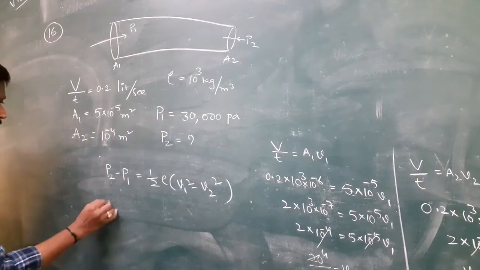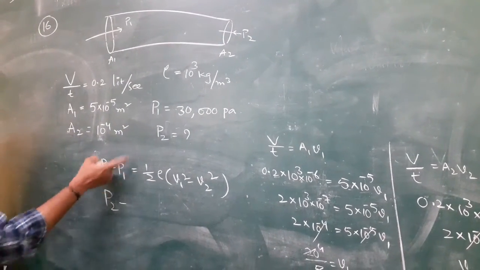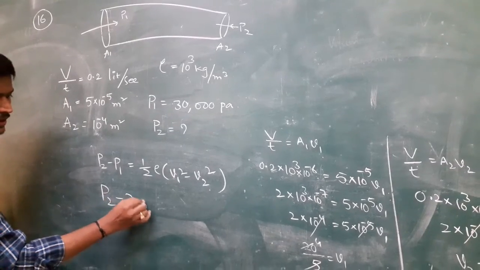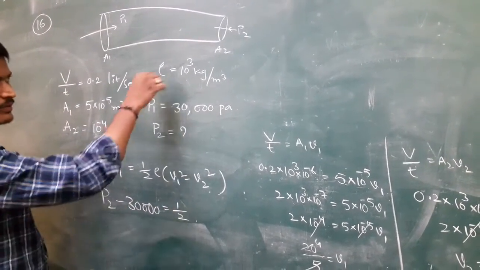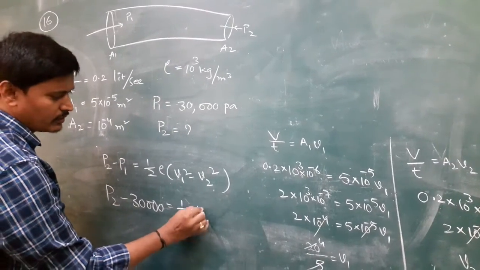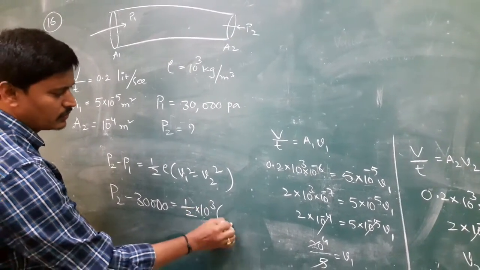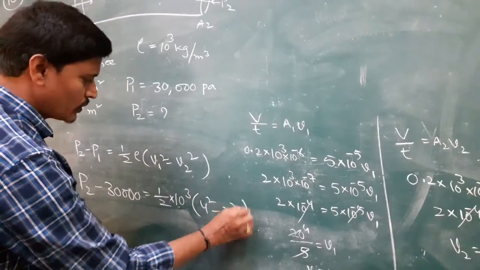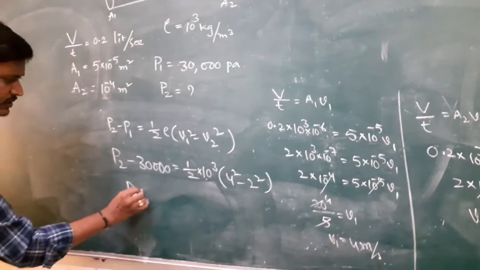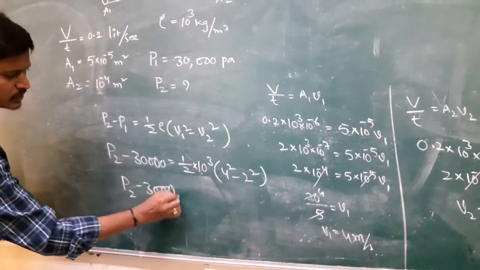P2 is the pressure we can find, minus P1 30,000. We will get the same result with the previous formula also. So V1 square that is 4 square minus 2 square.